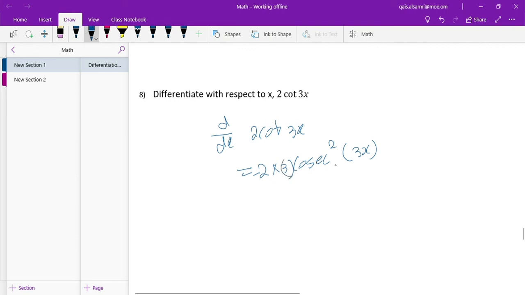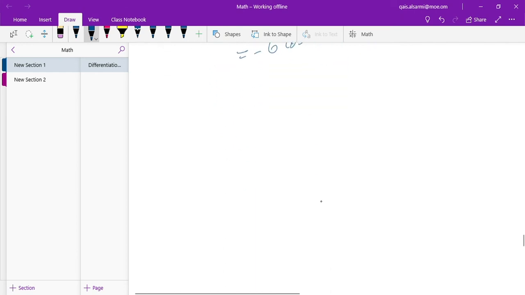Some students ask, why do we not write 3 squared here? Because the angle here is not squared. Cotan, the trigonometric function, becomes negative cosec squared, while the angle stays as it is, 3x. So never put a square on the angle. Equals negative 6 cosec squared 3x.